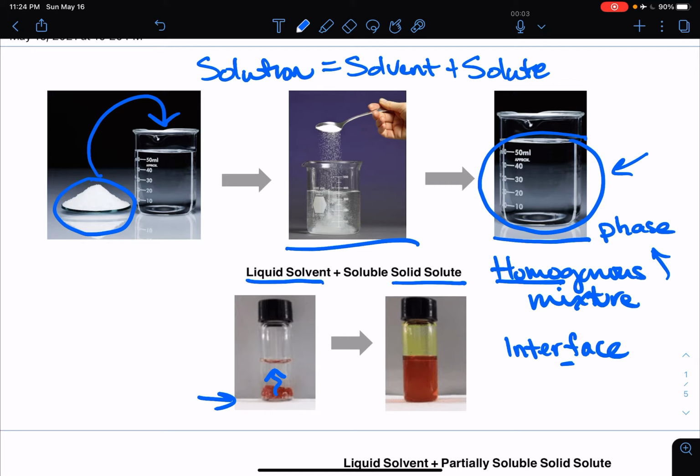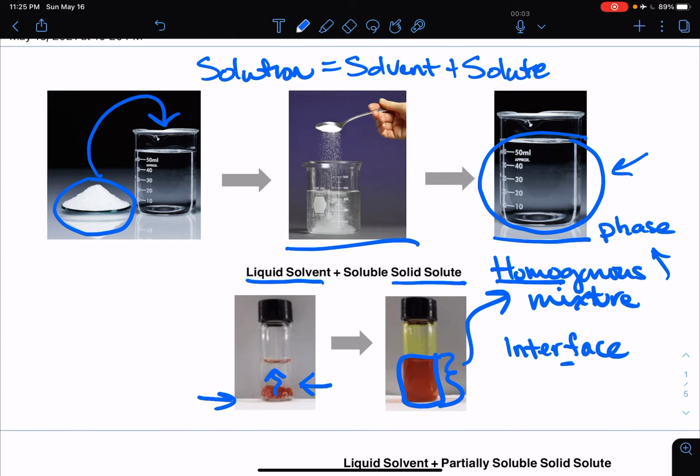And when it does, what we get right here is another homogeneous mixture. So we can see that we just have one phase there, okay? We don't have two phases like we did over here, where you can see where one substance ends and the other substance begins. We just have this one phase right there, which is our homogeneous mixture or our solution.